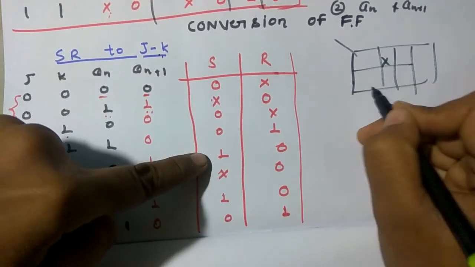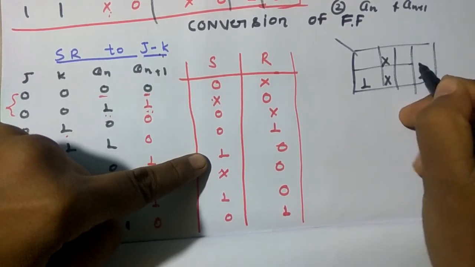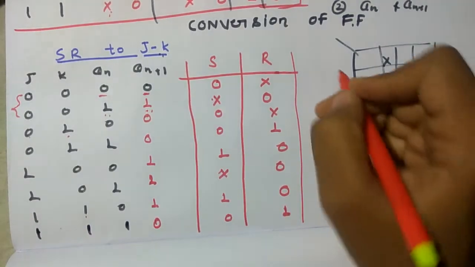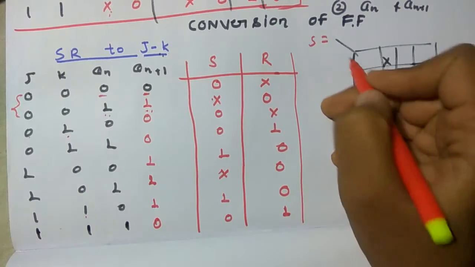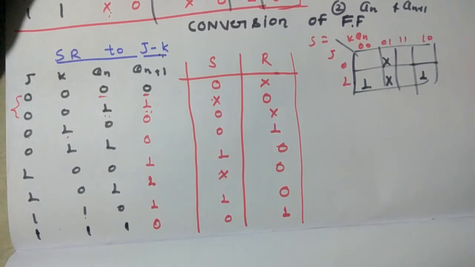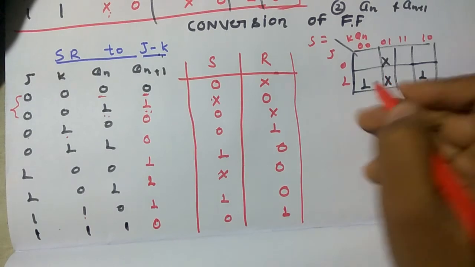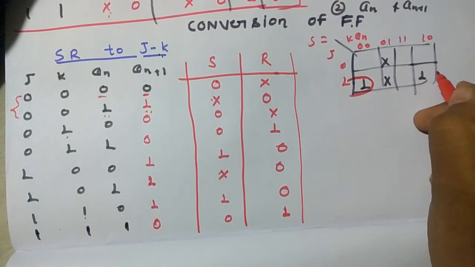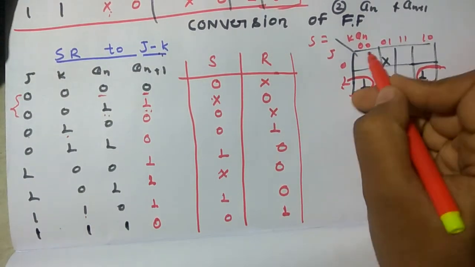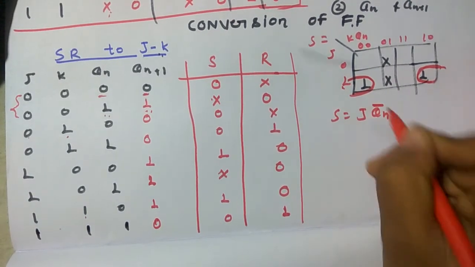Then at the fourth position this is 1, fifth 0, and sixth 1. This is the K-map for S, so guys, this is J, K and Qn. There is no quad, so we will make pairs only. That will be S is equal to J into Qn bar.